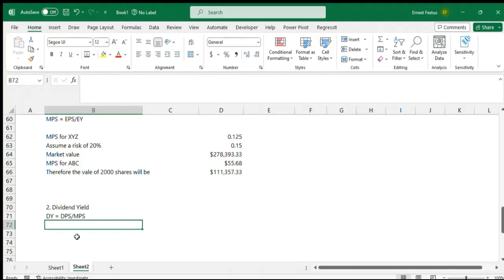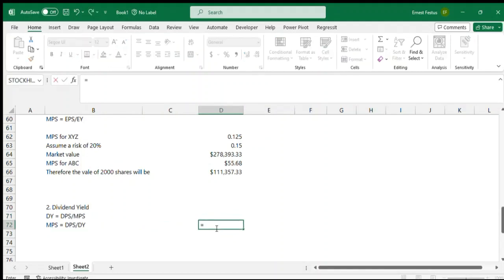So what is our MPS? Our MPS will be equal to the DPS, or the dividend per share, divided by our dividend yield. Now what is our DPS? What is our dividend per share for 2022?